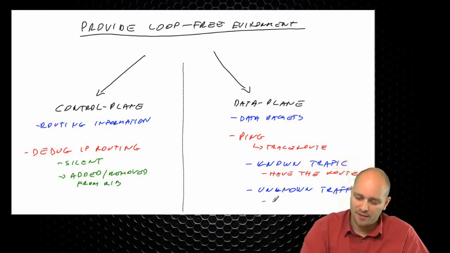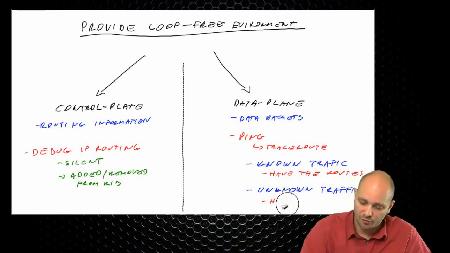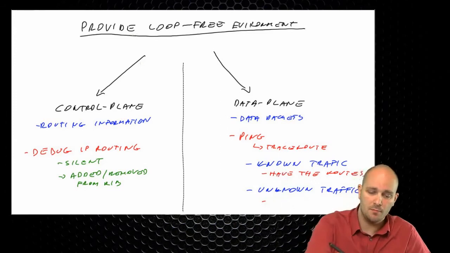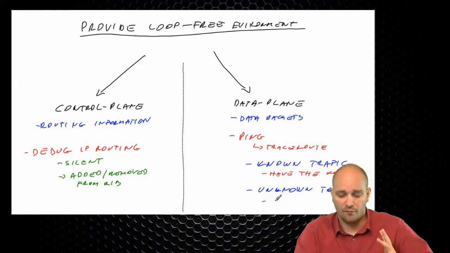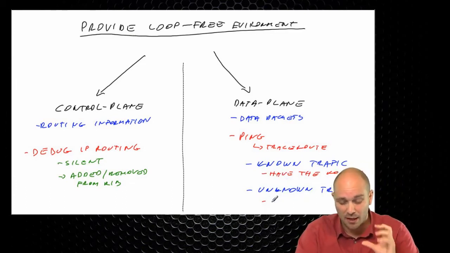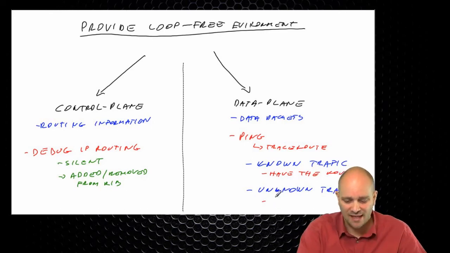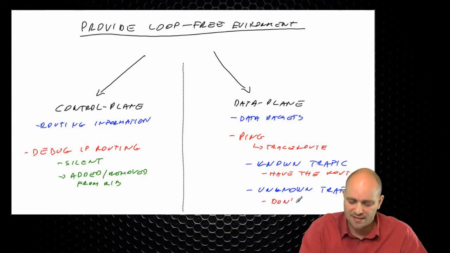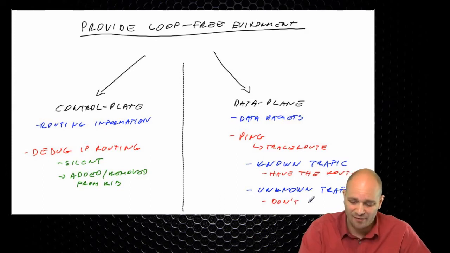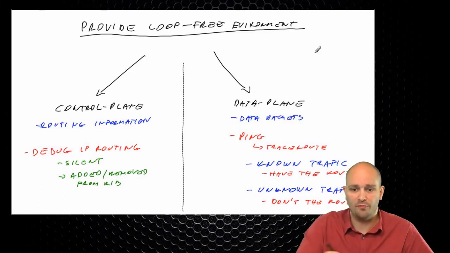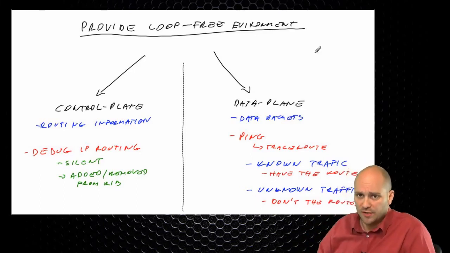So keep an eye on those packets that might be following the default route, or that may be following summaries for which you don't have more specifics. So I'm going to say here that unknown traffic is the traffic following the default routes, or that you don't have the specific routes for. So this also must be loop free when you are done with your redistribution.